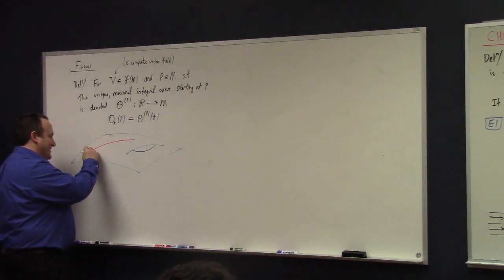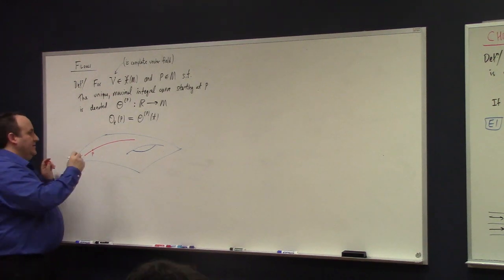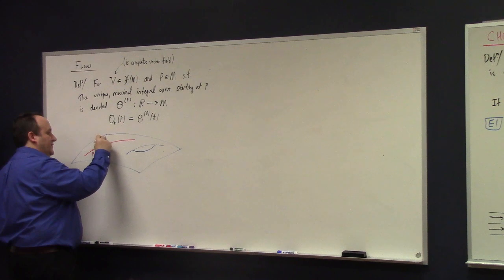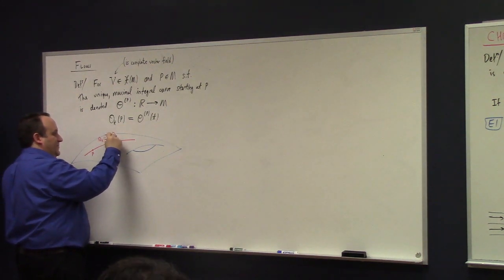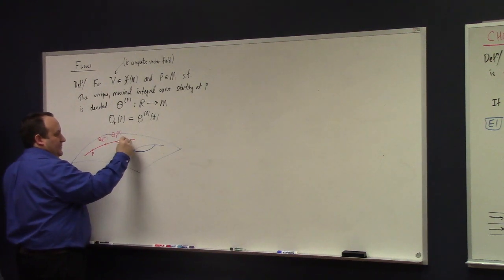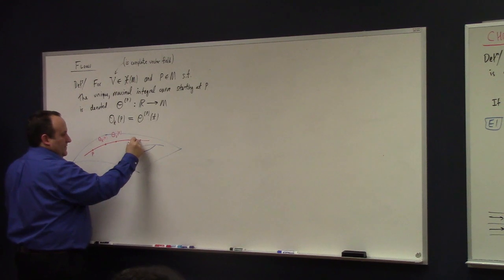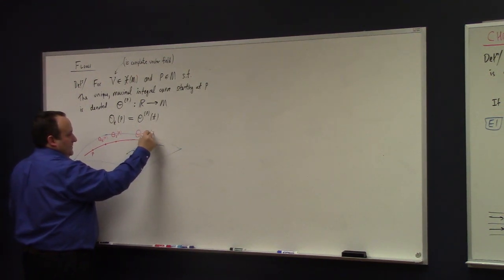So this is the point P. Then over here, you might have theta t of p, and perhaps over here, you might have theta sub s of p. And guess what? Over here, if you keep going, maybe I'd have theta s plus t of p.